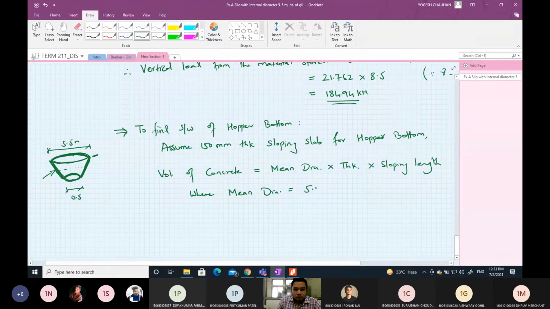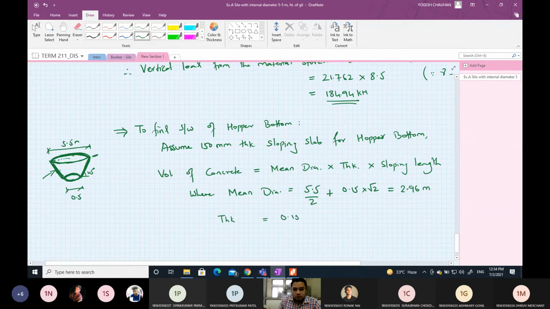So here it will be 5.5 by 2 from here. 5.5 plus the 150 mm thickness times root 2, which is multiplied because it is 45 degrees. So this will be 2.96 meter.